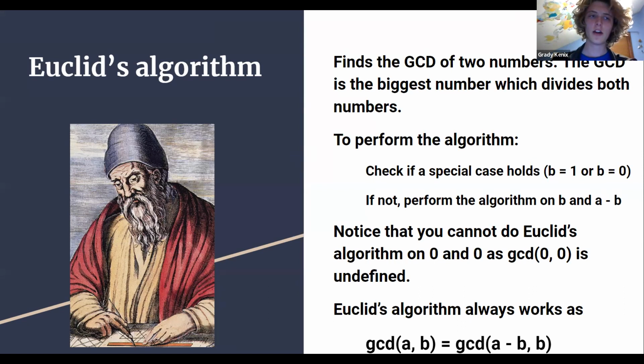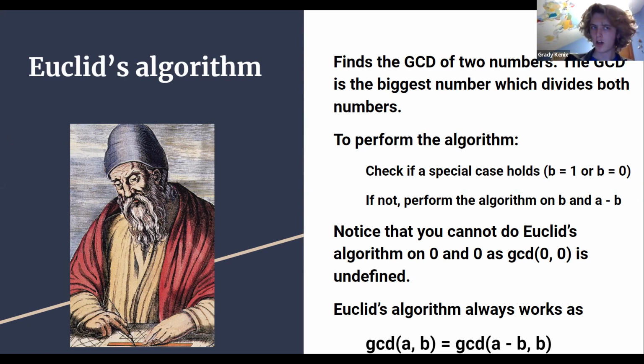Now, Euclid's algorithm revolves around this idea that first up we check if B equals 1 or B equals 0. If B equals 1, then we can use the mathematical fact that the GCD of any number A and 1 is always equal to 1. And if B is 0, we can use the fact that the GCD of A and 0 is always equal to A. So these are two mathematical facts, and you can convince yourself of why they work.